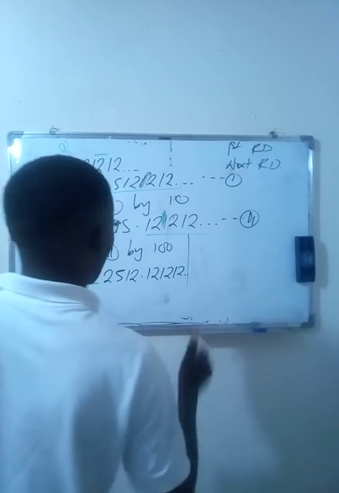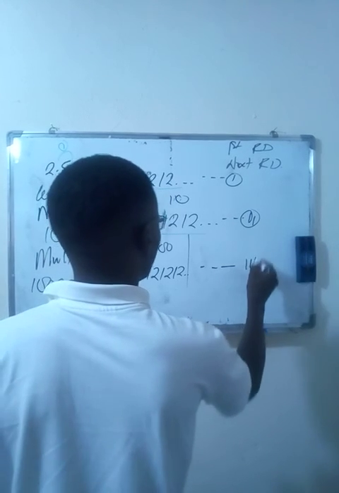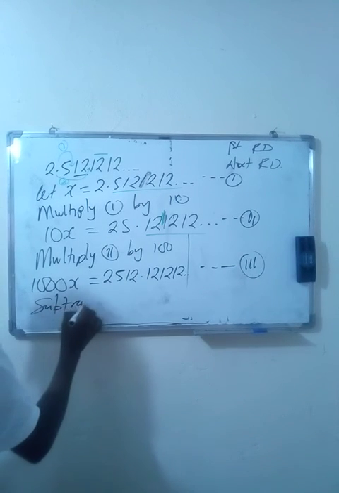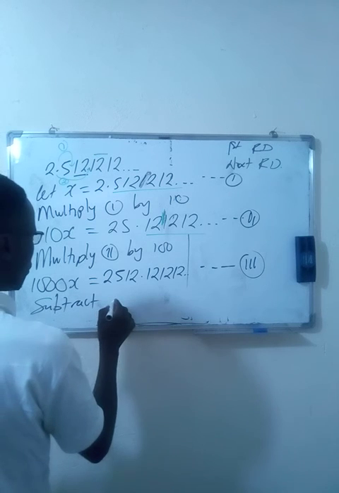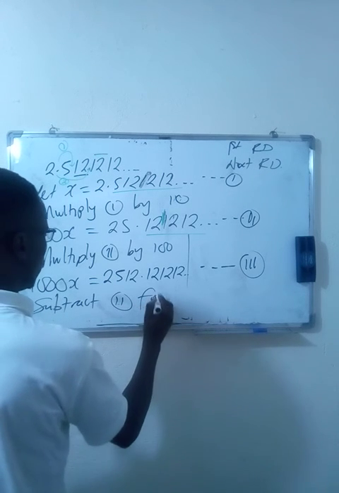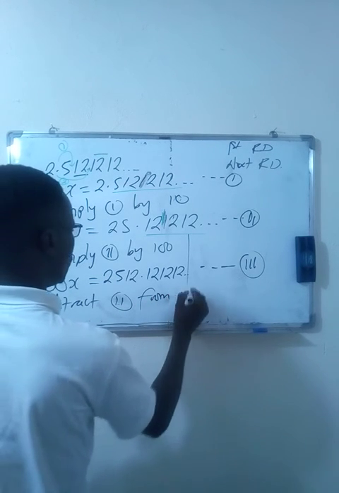Then what do we do? This is equation 3. So we subtract equation 2 from equation 3.